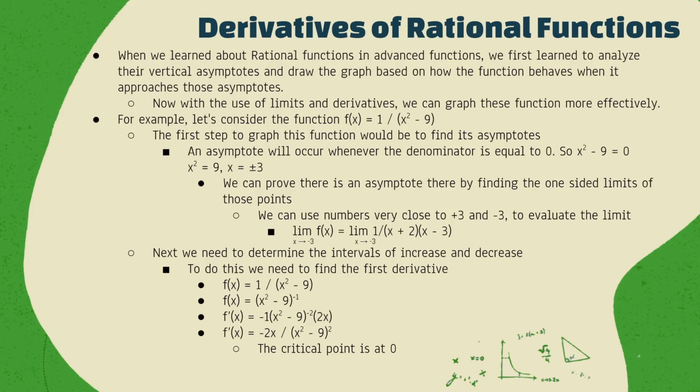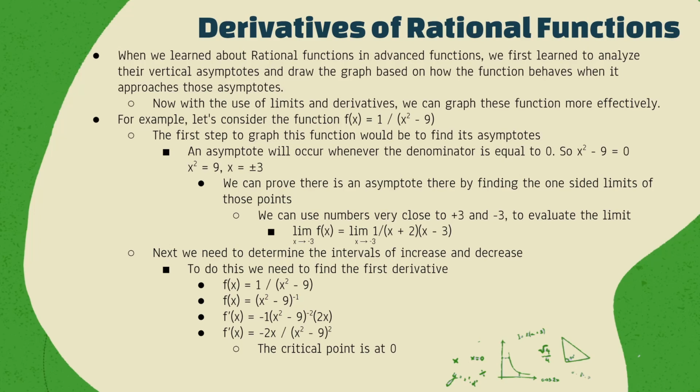However, we were very limited to our factoring techniques back then. And it was also very difficult for us to deal with certain types of rational functions because they were not factorable. But now that we know derivatives and also limits, we can actually overcome those obstacles in calculus. So today we're going to take a look at how we would do that.